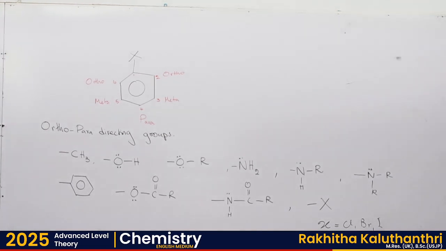This increases the electron density in the benzene ring and makes it more susceptible to reactions with electrophiles. Is that clear?